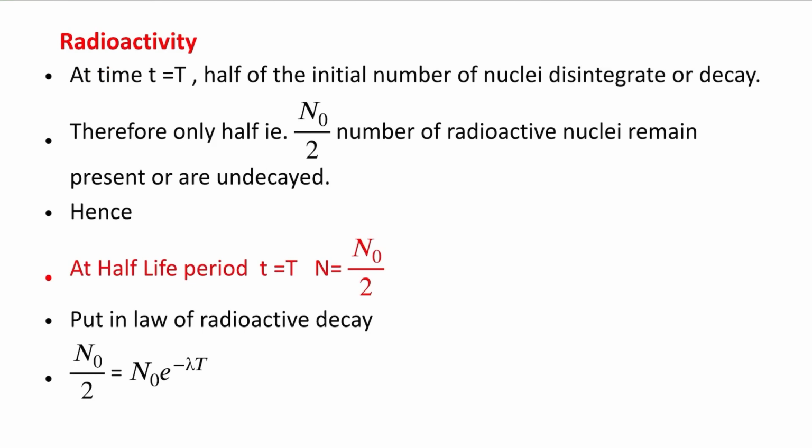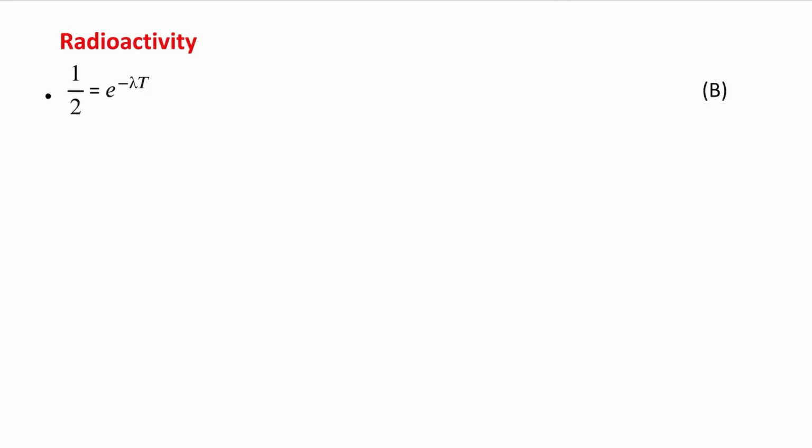So put this in the law of radioactive decay. Instead of N, I will put N0 divided by 2, and instead of time t, I will put half-life period capital T. So now my expression looks like N0 divided by 2 is equal to N0 e raised to the power minus lambda into capital T. Remember that here capital T is the half-life period.